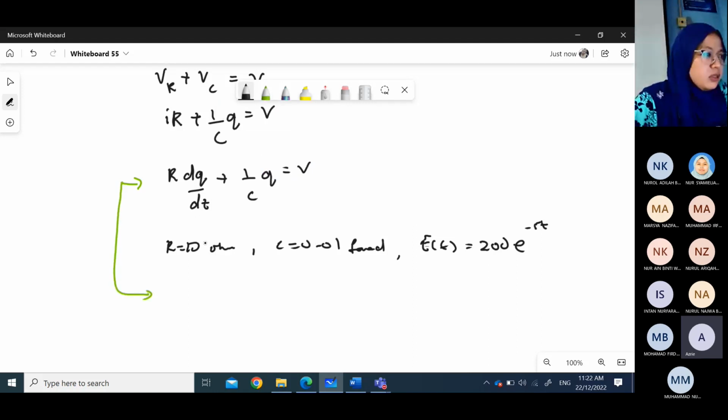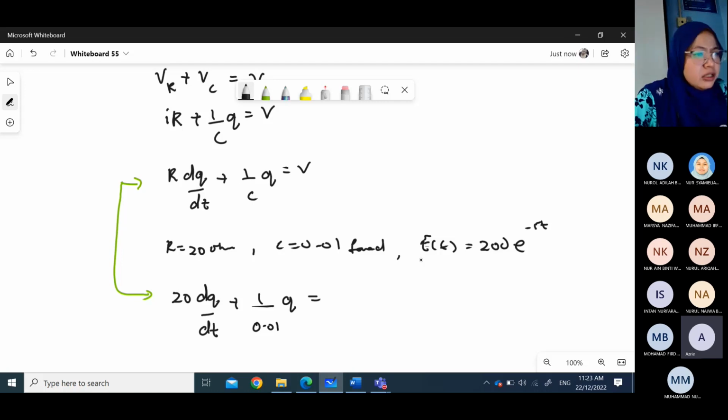Then here we have, you masukkan je resistor tadi 20 ohm. Okay, so masukkan equation ini. Then here we have 20 dq dt plus 1 over 0.01 Q, and it is equivalent with the total of energy, which is 200 exponent negative 5t.